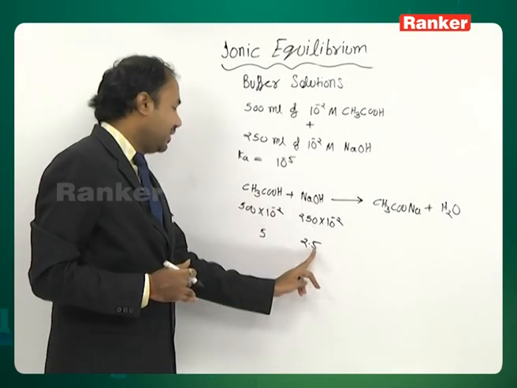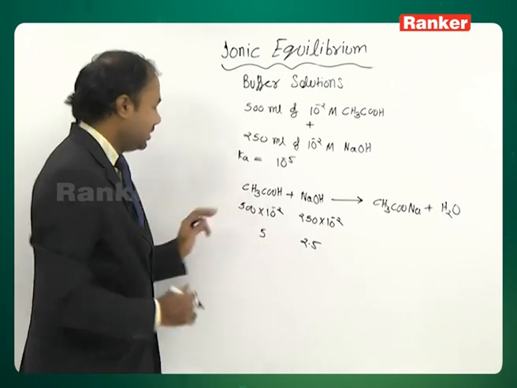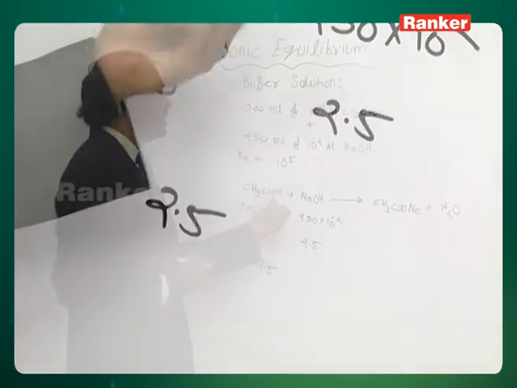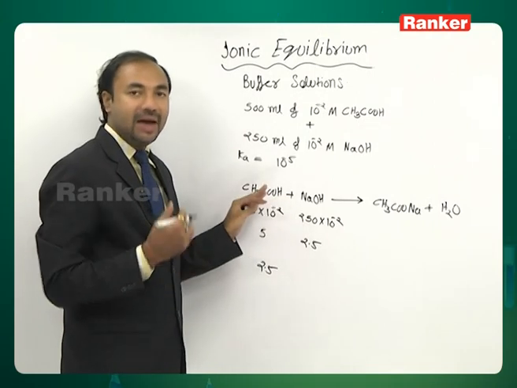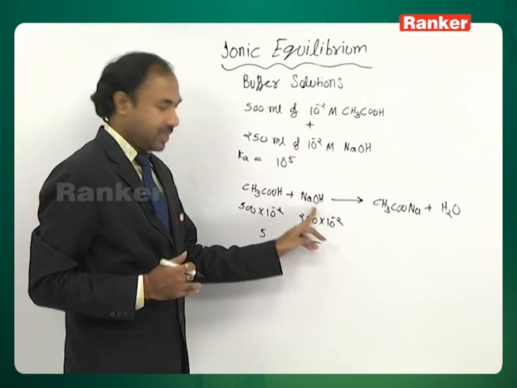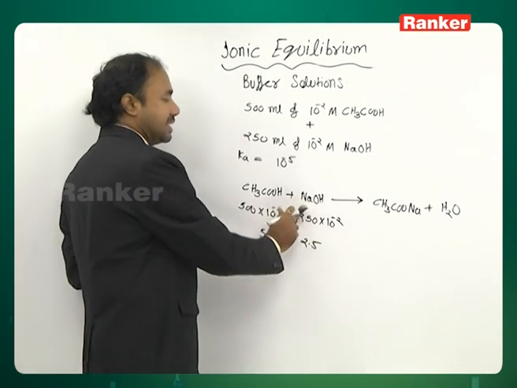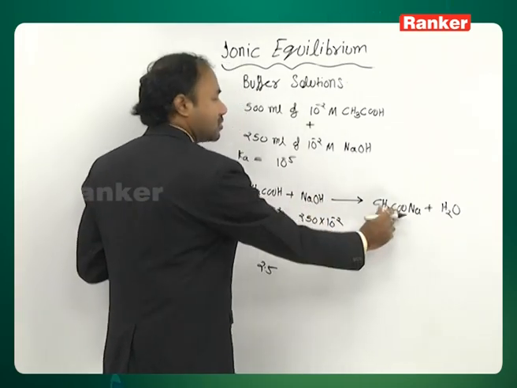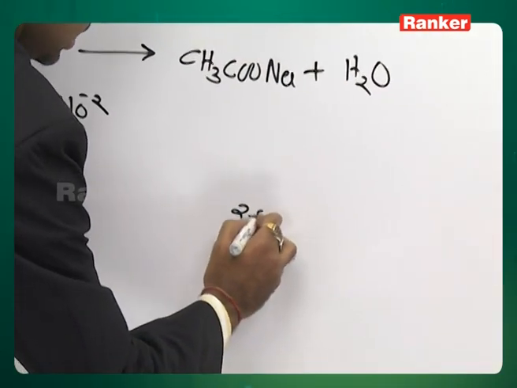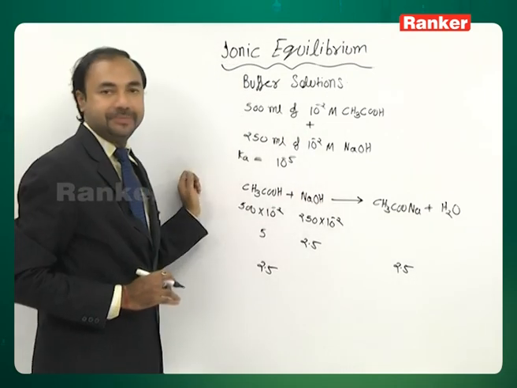So 2.5 will react with 2.5, and 2.5 millimoles of acetic acid will be left in the solution unreacted. This is excessive reagent, this is limiting reagent here. Now 1 mole on reaction gives 1 mole of sodium acetate. So 2.5, you get 2.5 millimoles of sodium acetate.